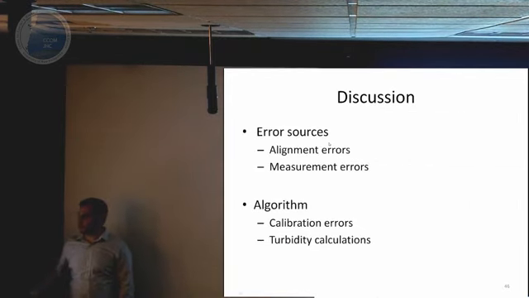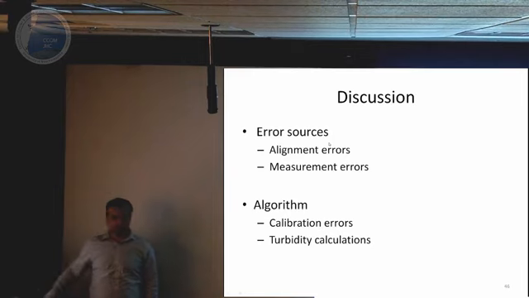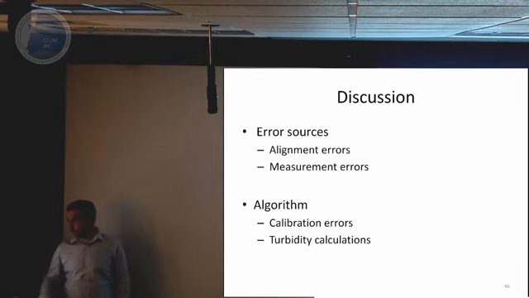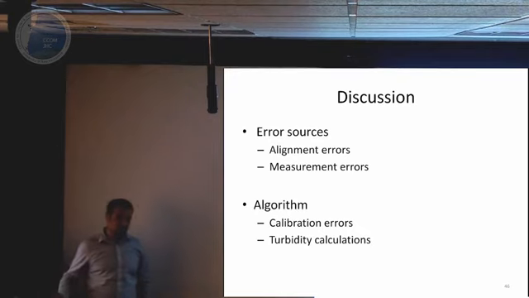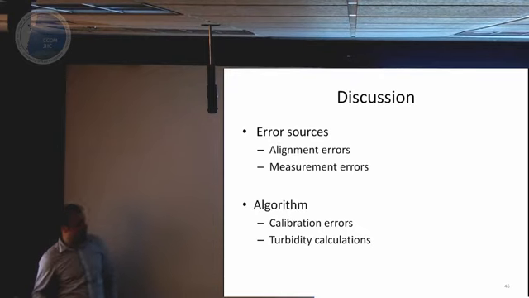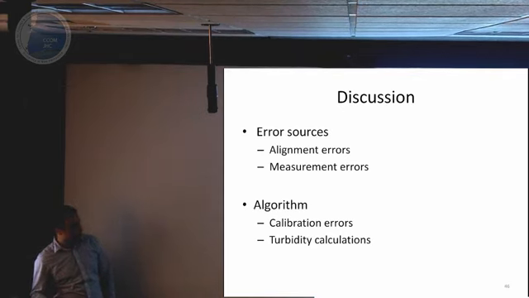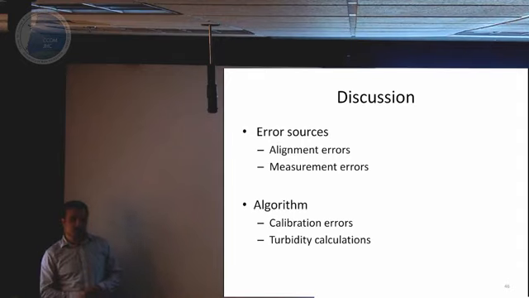So, the discussion part. As in every experimental setup, we have several error sources. The first one is the alignment error. Alignment errors can be analyzed in two parts, basically, external and internal. By external alignment, we mean the distance alignment in the z-axis. Internal alignment is how the beam is centered to the beam.